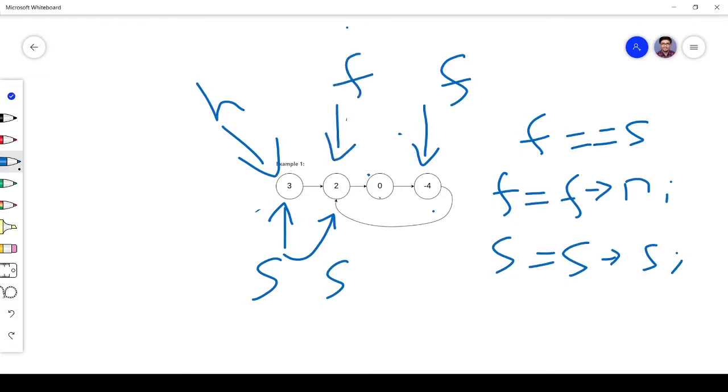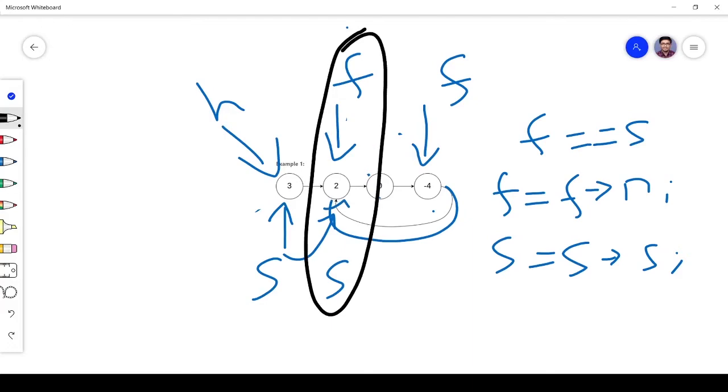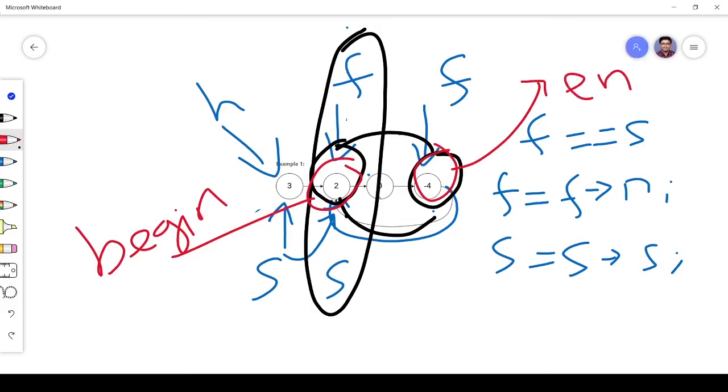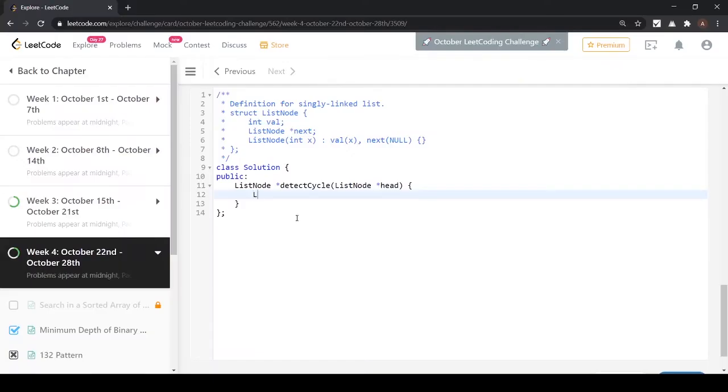You see both slow and fast are again pointing to the same node. This signifies that the tail is pointing to the second node of the linked list. So this actually solves our problem. That was the very basic approach to solve this problem, and it says that the tail is connected to the node present at second index. So this approach was pretty easy.